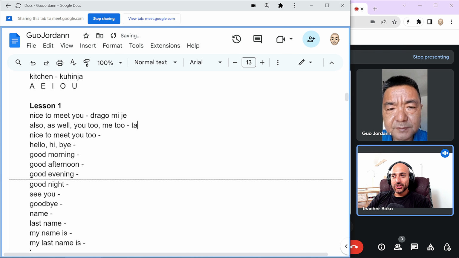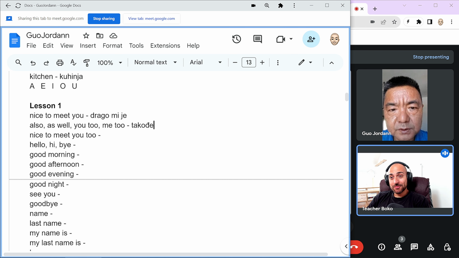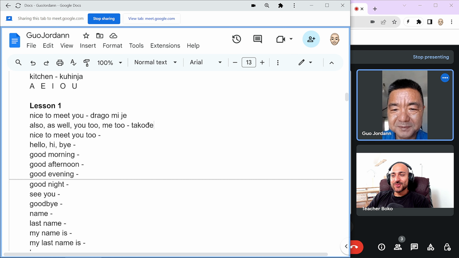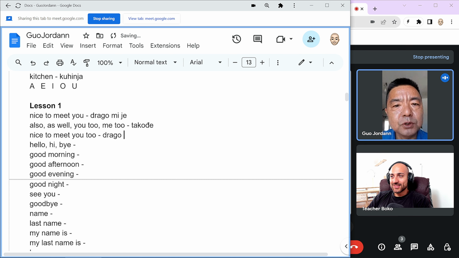We have this one word, takođe. Takođe just means me too. So if you say I'm hungry, or I live in Niš, or I want to study, I can just say takođe, like me too. So nice to meet you too. You can just connect the first two. Drago mi je. Takođe. Exactly.